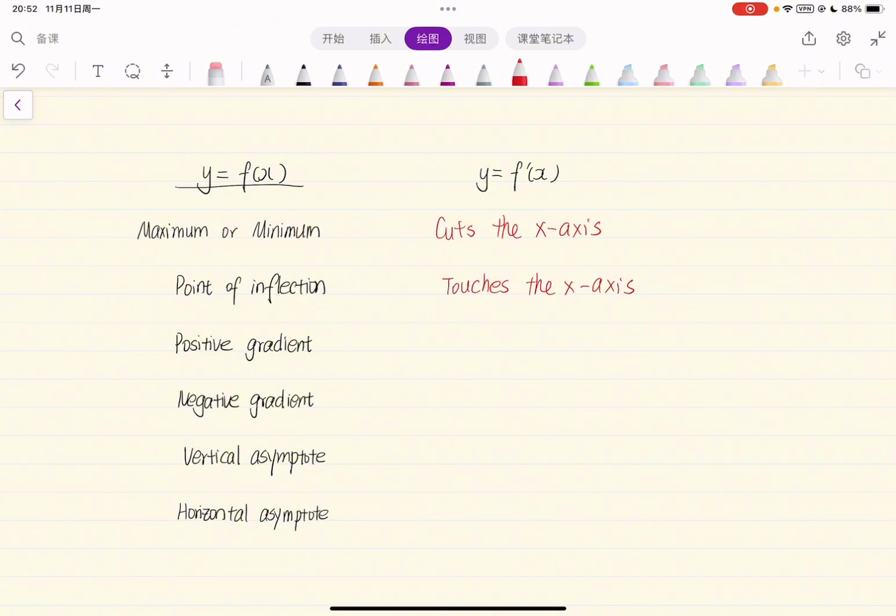If the function has a positive gradient, the curve of the gradient function should be above the x-axis.